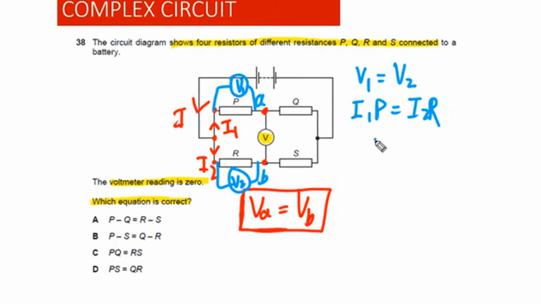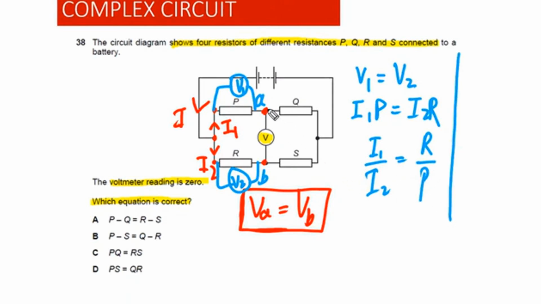Now we can rearrange this. We can say I1 over I2 has to be equal to R over P. Now let's move on to the next resistor, which is Q. The potential at this point is the same, and the potential at this point and at this point is also the same.